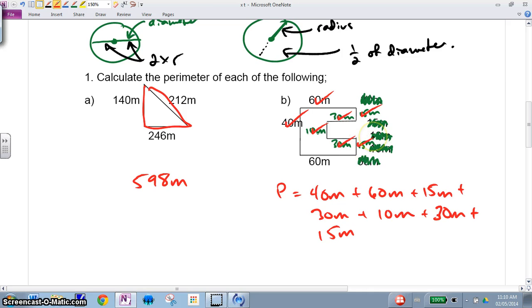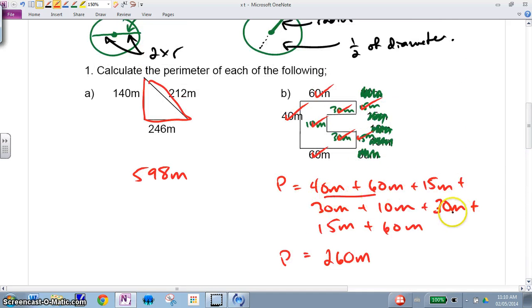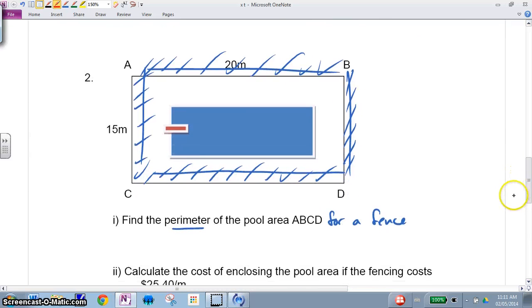You might be measuring all the way around and checking everything as you go. 15 meters on that side plus 60 meters along the base of this object. So the perimeter is the sum of all of those sides. If you check the math, you'll see this would have a perimeter of 260 meters altogether. Quick estimate there, right? This is 100, 60, 30, 10, there's another 100, 30, 15, 15, there's the 60. So yeah, 260 looks good.